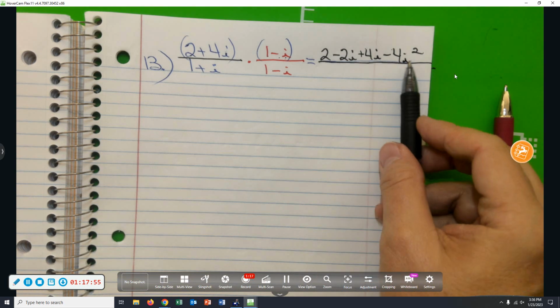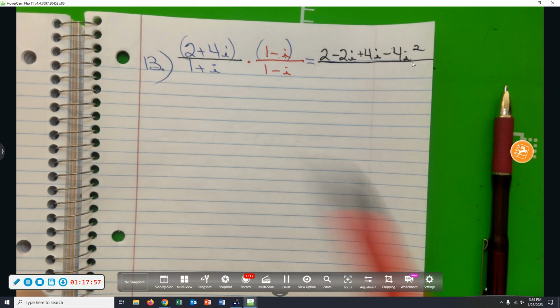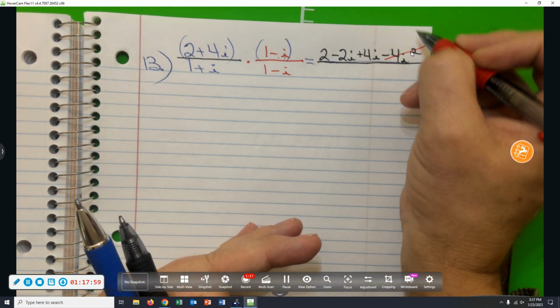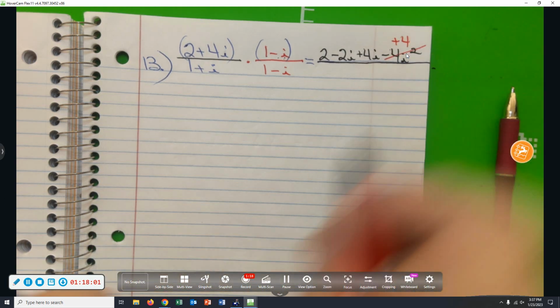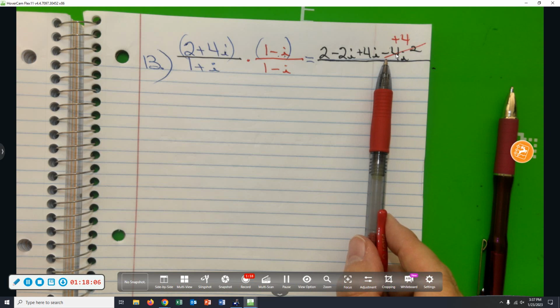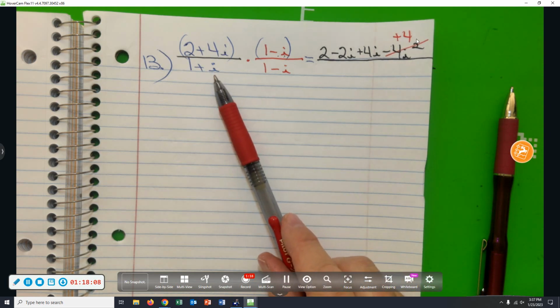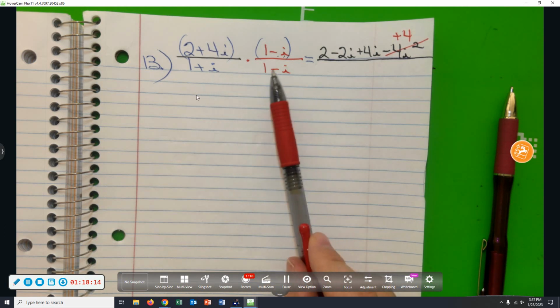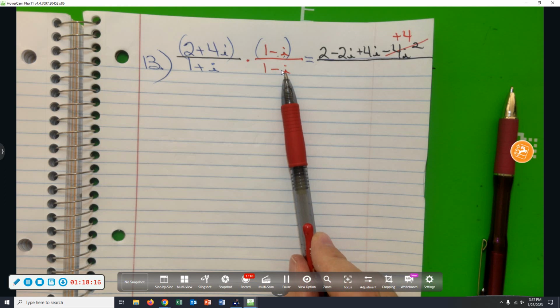And so, negative 4 times a negative 1, I agree, that's going to become a positive 4. The i squared changes the sign of the number in front of the i squared. So just make it a plus 4. Negative 4 times negative 1, positive 4.